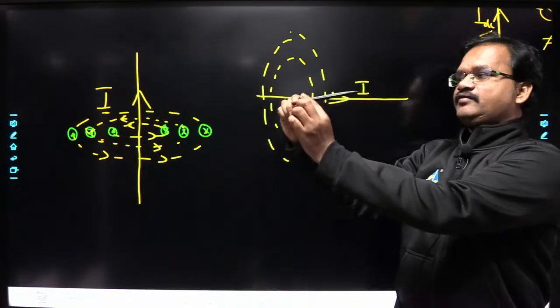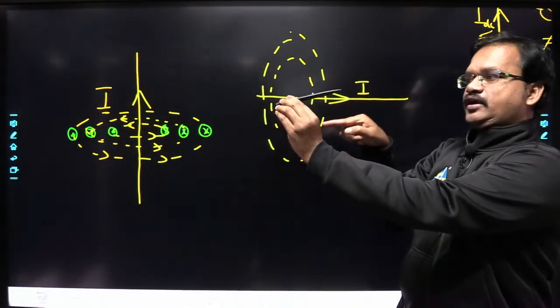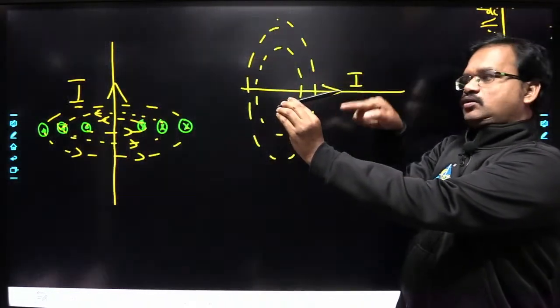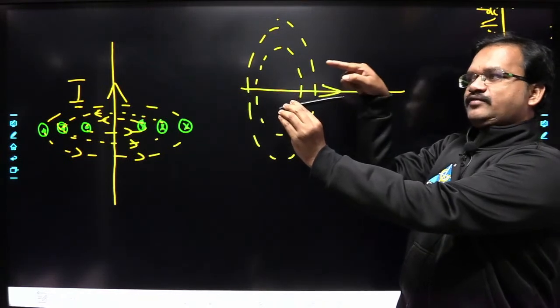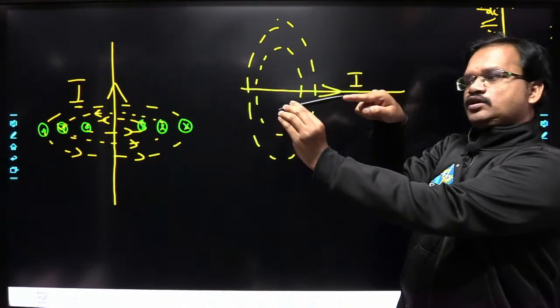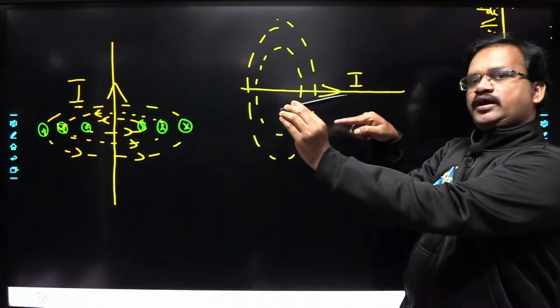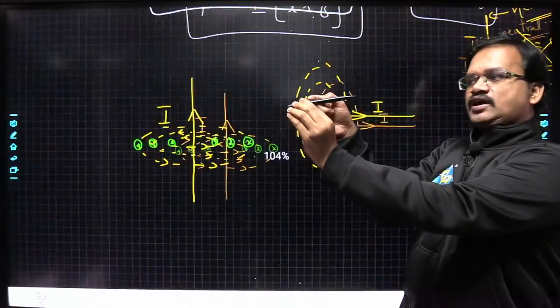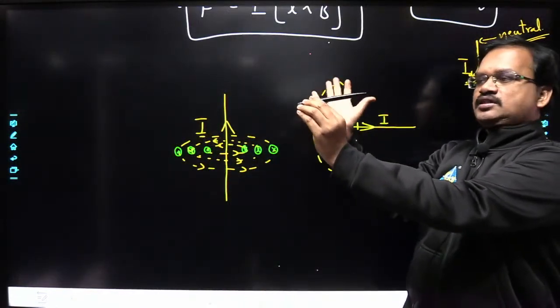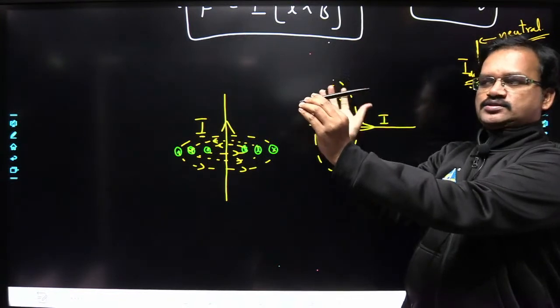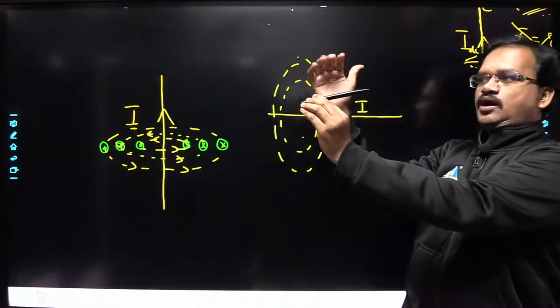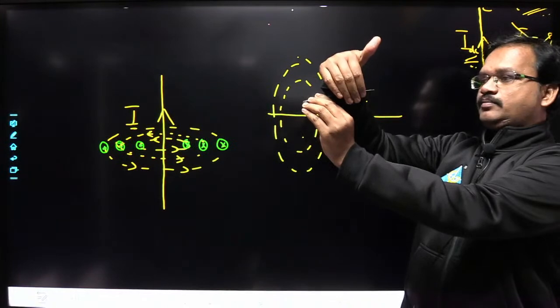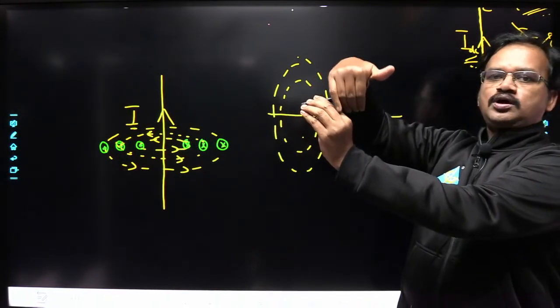This is the current carrying wire, so the B field is going to circulate around this wire like this. Above this current carrying wire it is coming out of the board. Below this current carrying wire it is going into the board. If the current is flowing in this direction, the B field is going to circulate like this around this wire. So here it is coming out of the board, and below this wire it is going into the board.